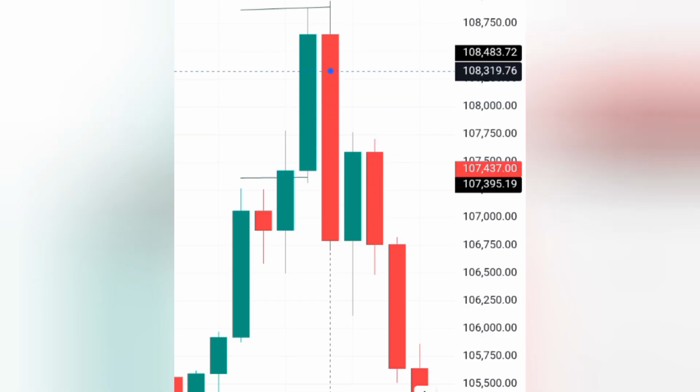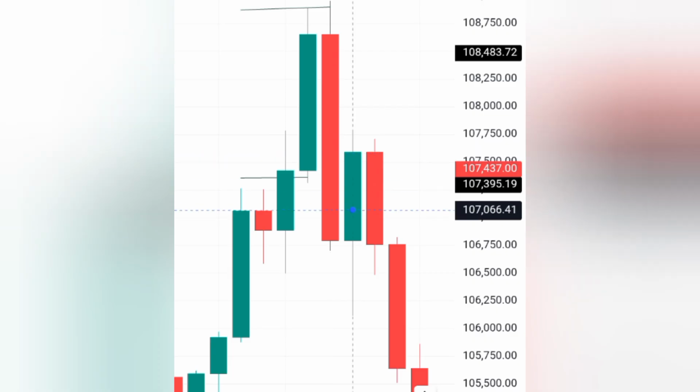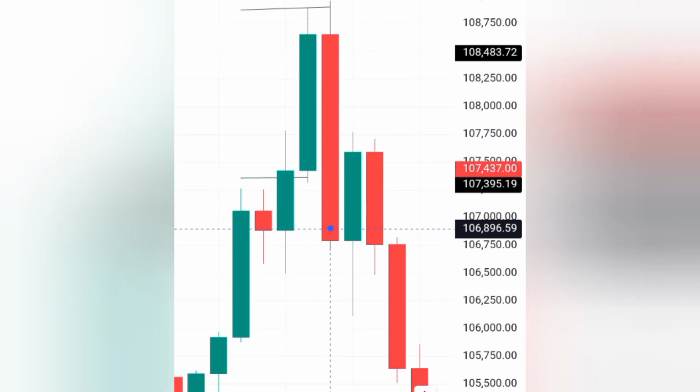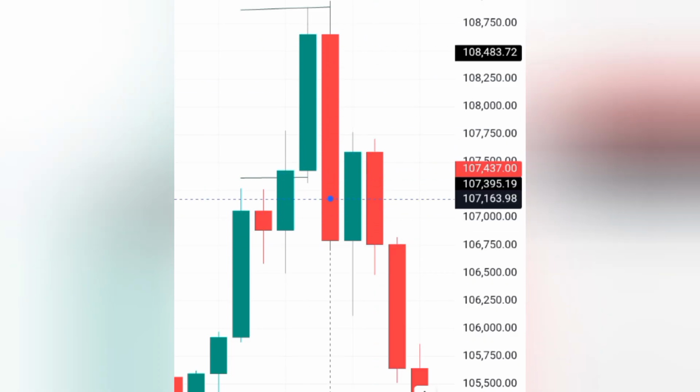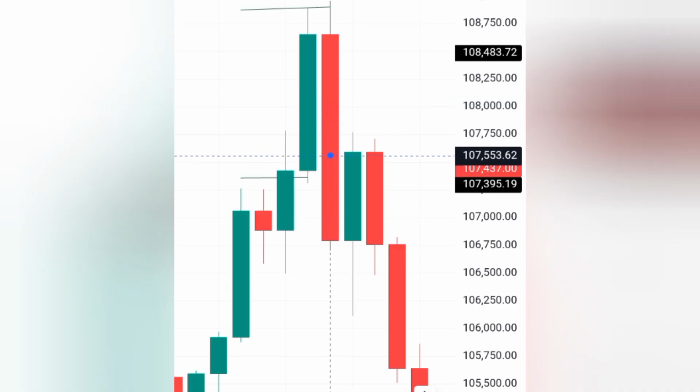It means sellers are in charge now. Some people enter their short positions after seeing this bearish engulfing candlestick pattern. Just know this pattern is very, very powerful because it signals momentum shifting.